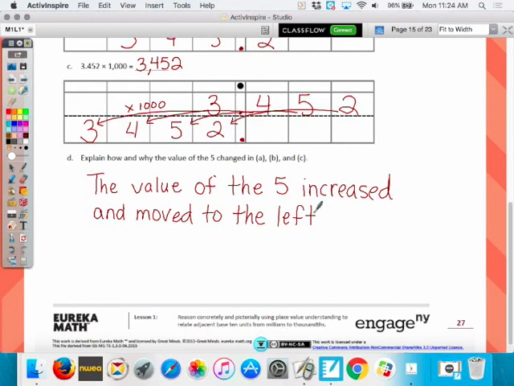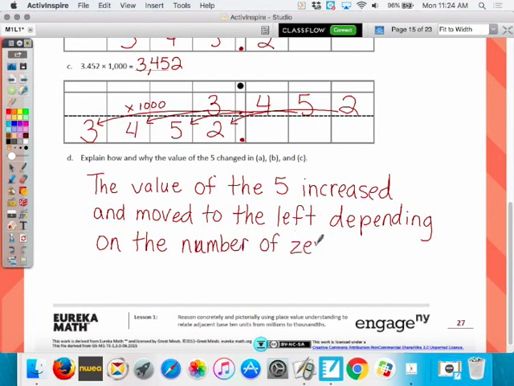So instead of because, I'm going to put depending. Depending on, what do you think I'm going to put next? The number of what? Zeros. Zeros in, on or in? I think in.